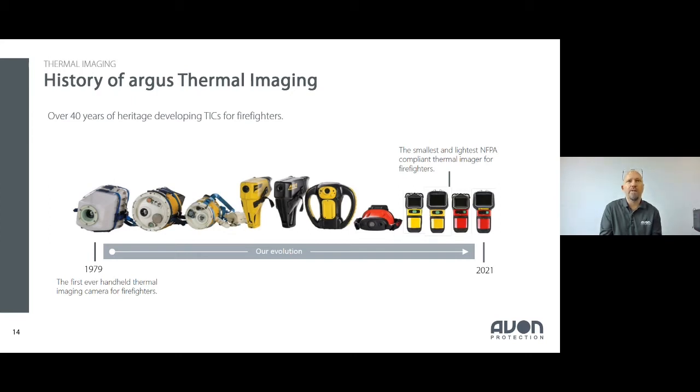So we wanted to develop the very smallest and lightest thermal imager, and along came the MyTIC. Its design was based on what we could fit in a tunic pocket. So we wanted the camera to be small and light enough and of a shape to go into a firefighter's tunic pocket, and that's why, and still today, it's still the smallest and lightest camera, and that's why it looks like it does.